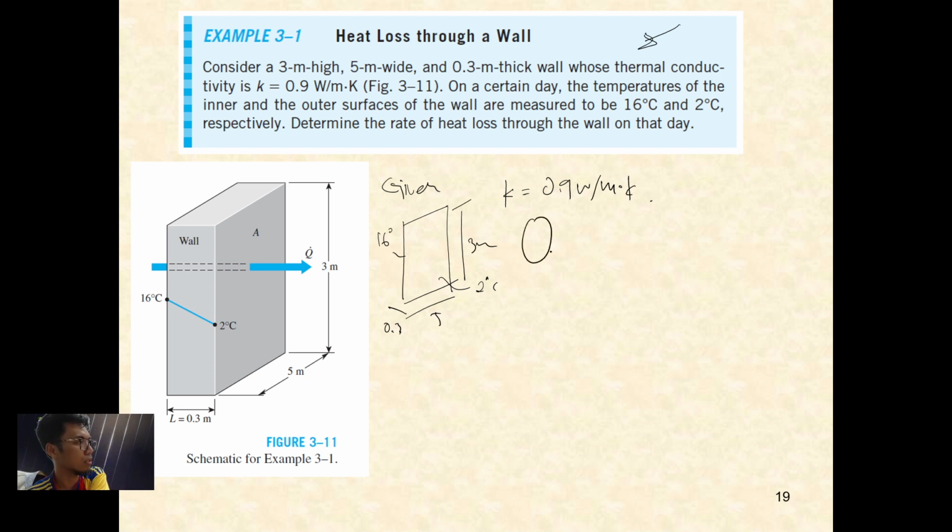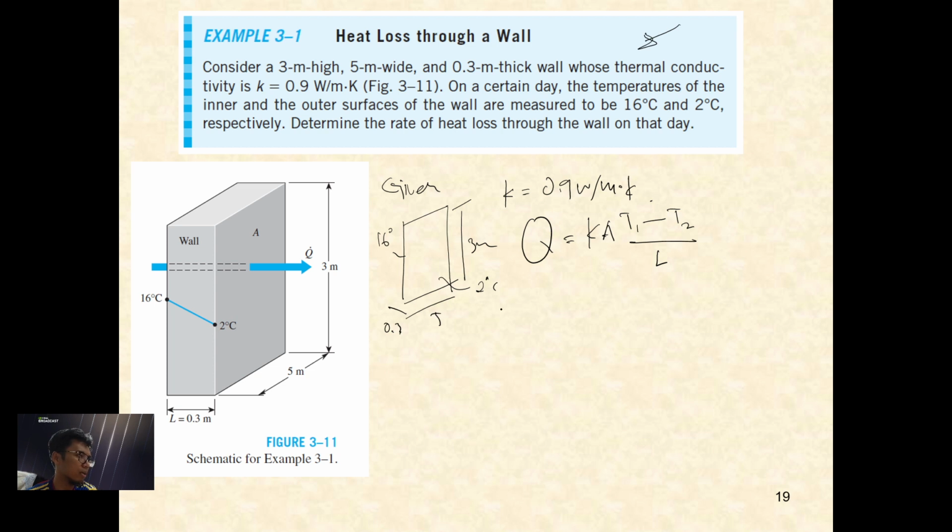So the formula involved for this is the basic equation, which is K times A, the surface area, times T higher minus T lower, divided by L. Right, this is the basic formula.